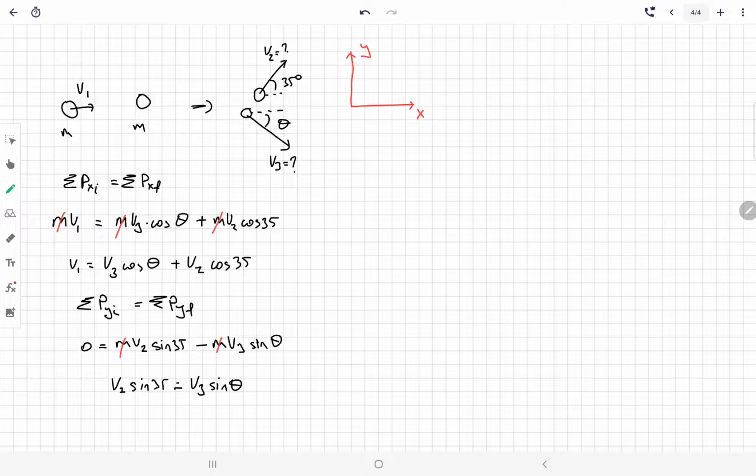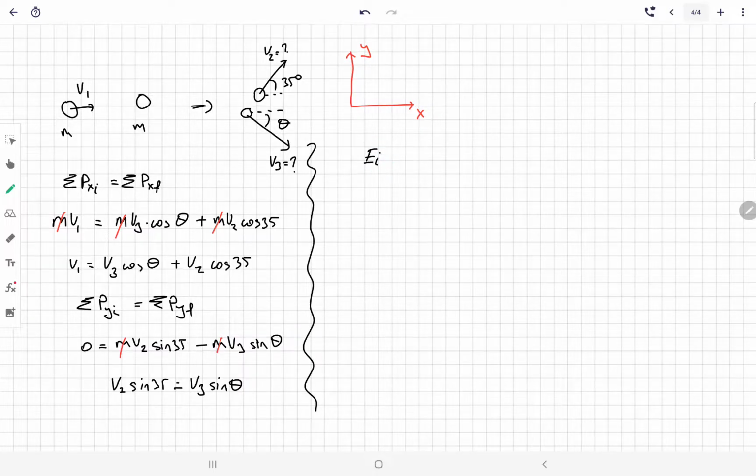Now let's check. We have two equations and how many unknowns? Basically v1, v2, v3 and theta. 4 unknowns, but only 2 equations, so we cannot solve this problem using just 2 equations. We need at least one more equation. So let me apply conservation of energy, because this is an elastic collision, so mechanical energy is conserved.